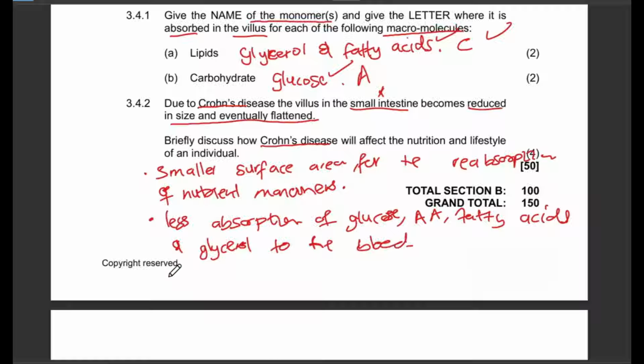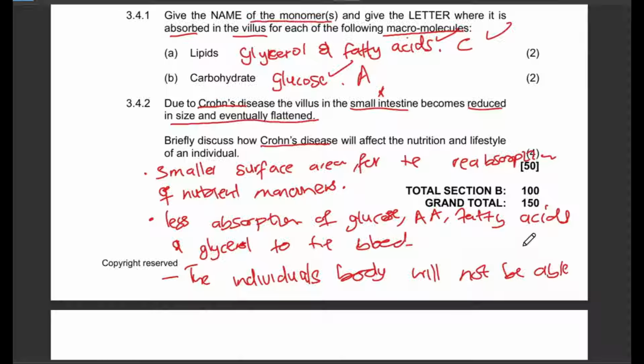Okay, sorry about that. So the individual will not be able to sustain its nutritional needs. So because of less absorption, that means the cells are receiving less nutrients. Okay, the individual's body will not be able to sustain nutritional needs.